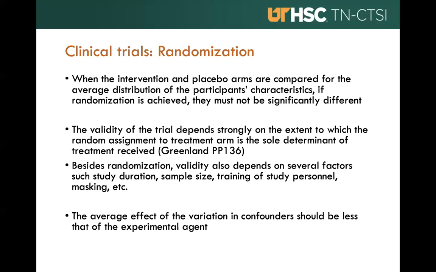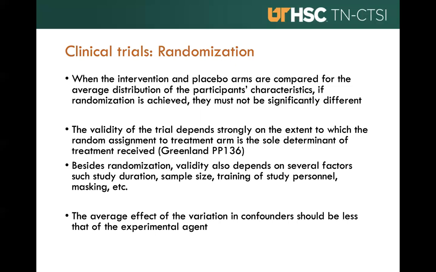But the validity of a trial depends strongly on the extent to which the random assignment to treatment arm is the only determinant of treatment received. This is what we call internal validity. So internal validity of a study is when the study has been properly conducted and there is no selection bias or any other source of bias, and the association can be taken as solely due to the differences in the effect of the intervention and the control, the comparison group.